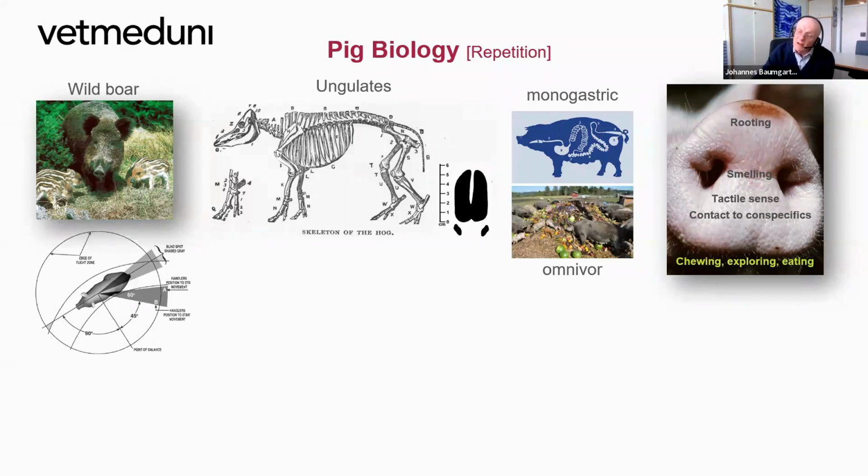And the next point is very important. Pigs are not able to see as humans. We are capable of having a visual sense which allows us to calculate distances, because our eyes are located in front of our head, and we have two eyes, and the visual sense overlaps between the two eyes, and therefore we are capable to calculate distances.